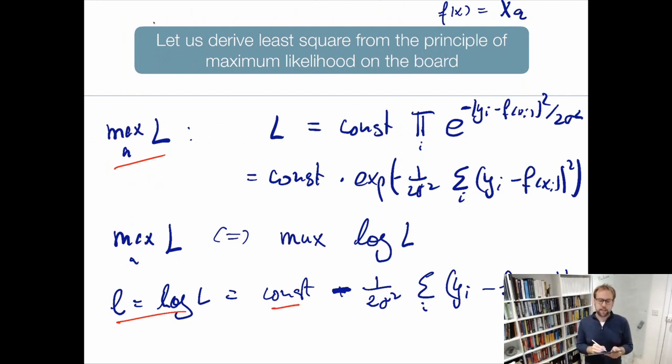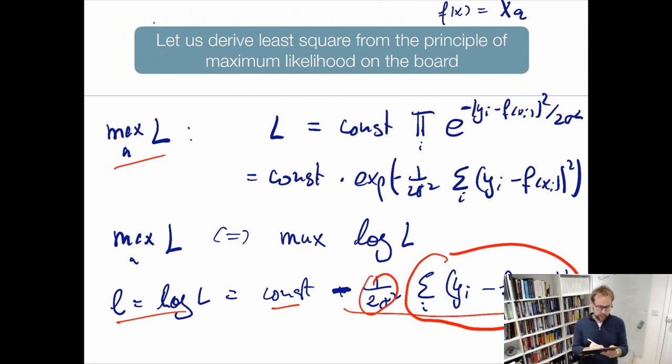To maximize the left hand side, all I have to do is maximize this term here, but this is with a minus sign. So for this whole term to be maximum, effectively the term with a minus sign must be minimal, and this constant again doesn't matter. So I want to find the minimum of this.